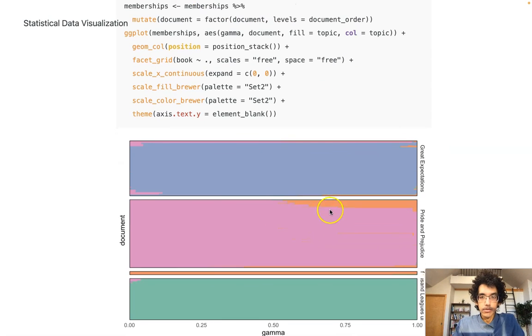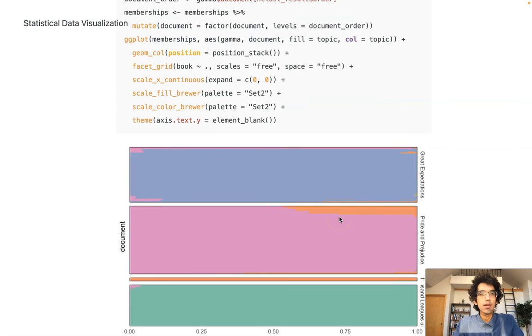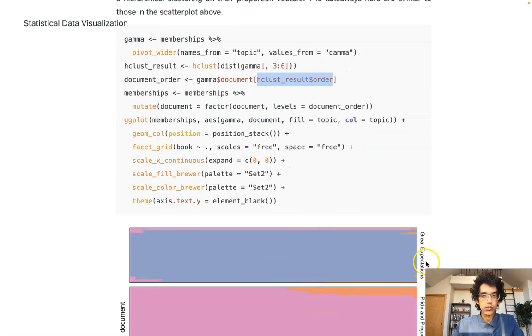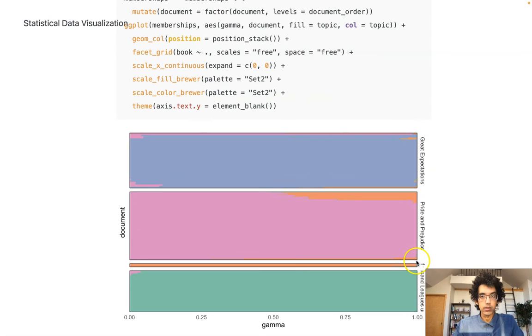If I had randomly scattered the pink and the red, it might not have looked as nice. Since all the red and pink high mixtures are near the top, you can see this pattern much more easily. So how are they being sorted? They're sorted using hierarchical clustering. It's clustering the gamma matrix, the membership matrix, getting the ordering of the leaves from that clustering, and then sorting documents according to that cluster leaf order.